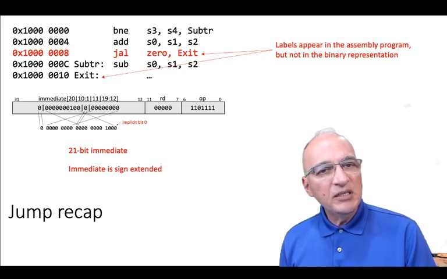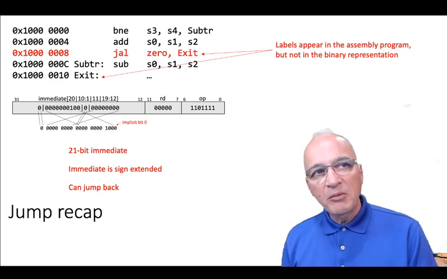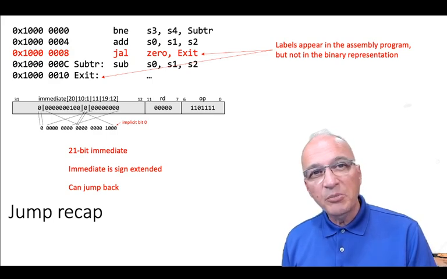The immediate is sign extended. Therefore, it is possible to do a jump backwards. And I can tell whether a jump is forward or backwards by simply examining the most significant bit of the instruction, which is the most significant bit of the immediate value.